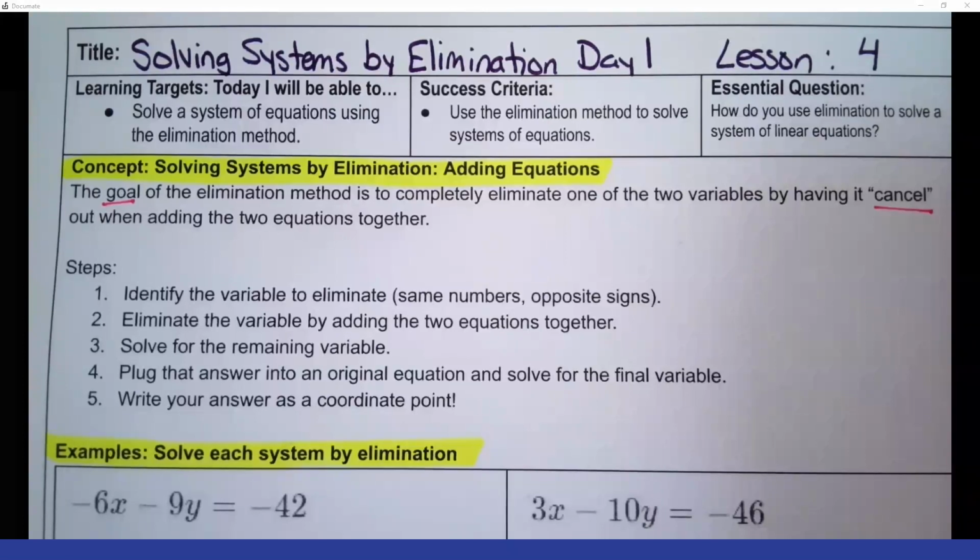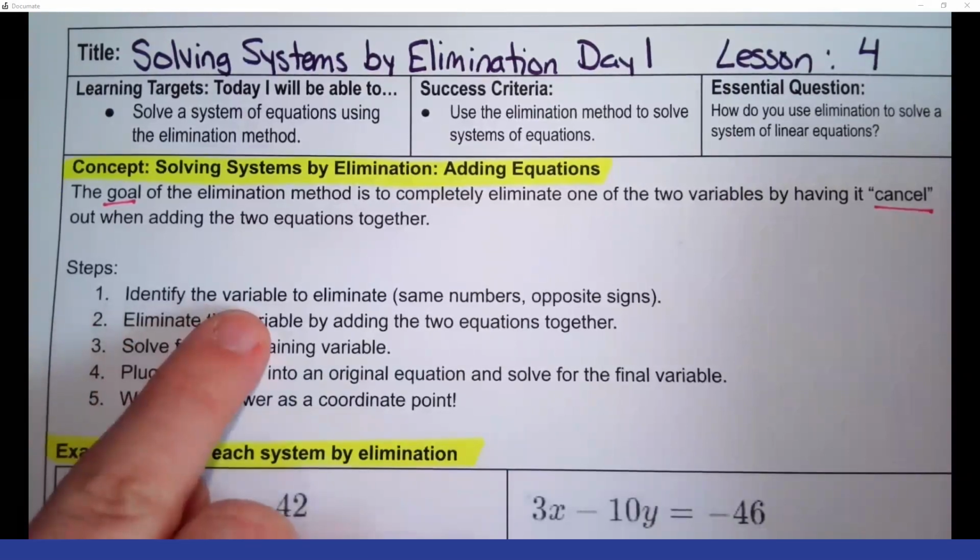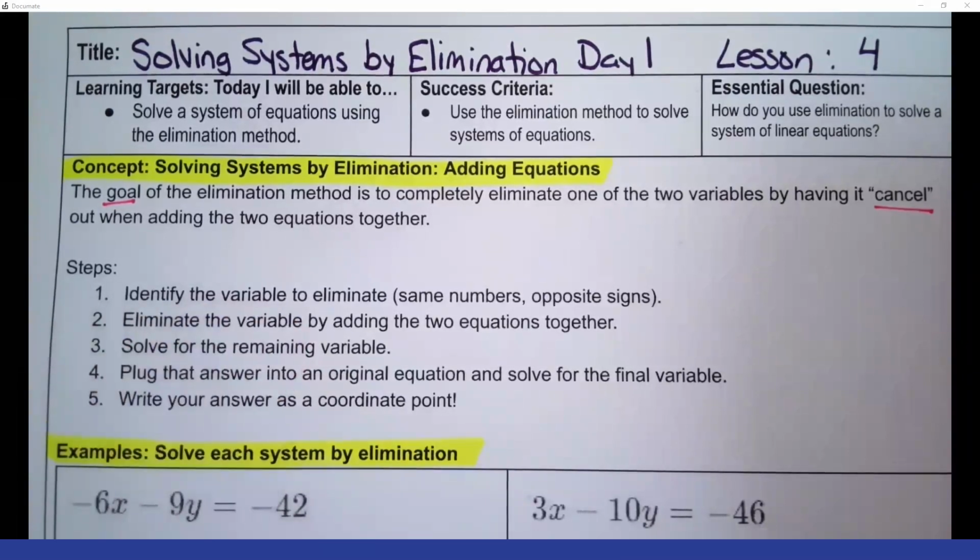So we have 5 steps that you guys are going to need to follow. Some of these steps are going to seem familiar to you because some of them follow what we did with substitution. So our first step is to identify the variable to eliminate. Now you may be wondering, how do I know which variable I'm going to eliminate?